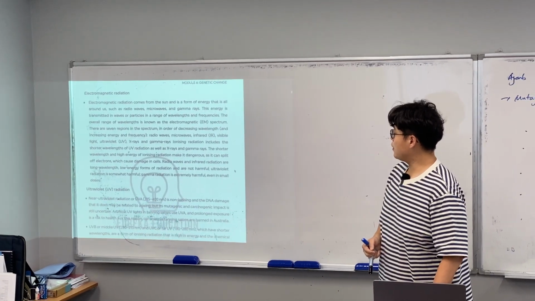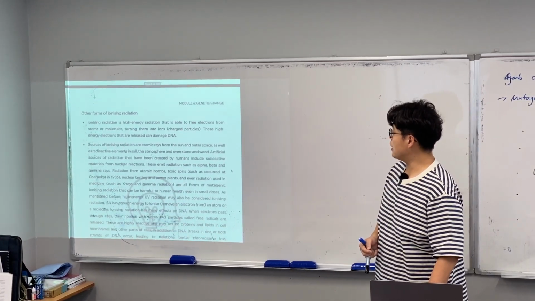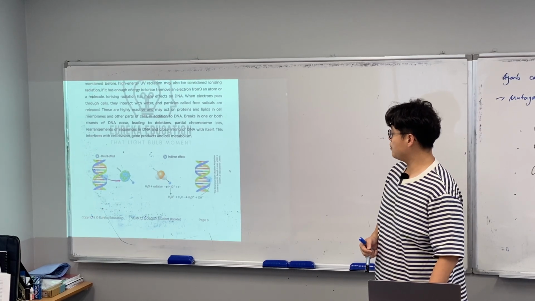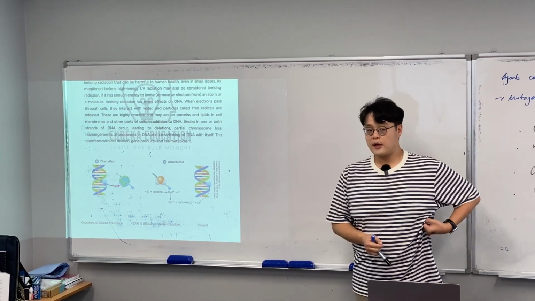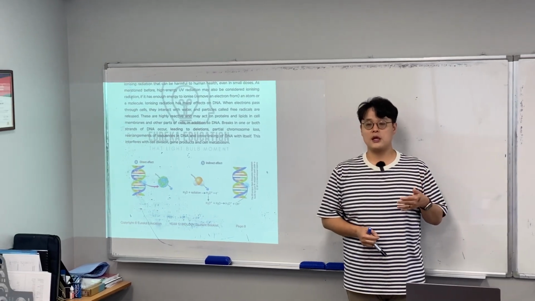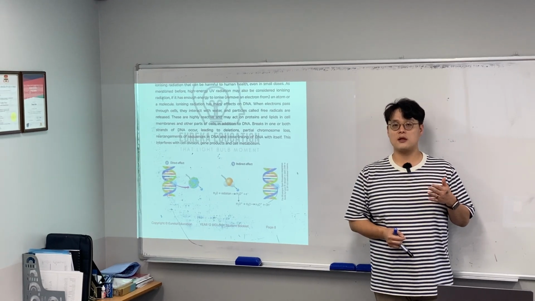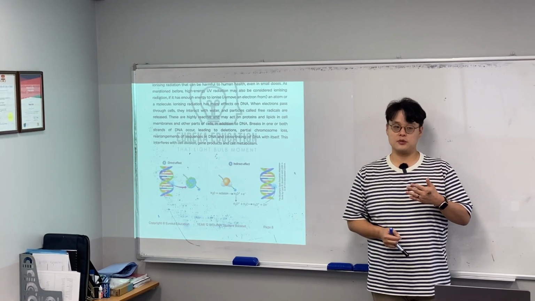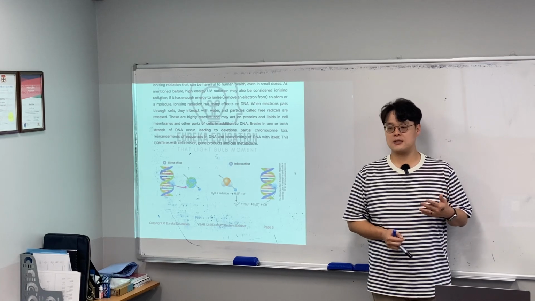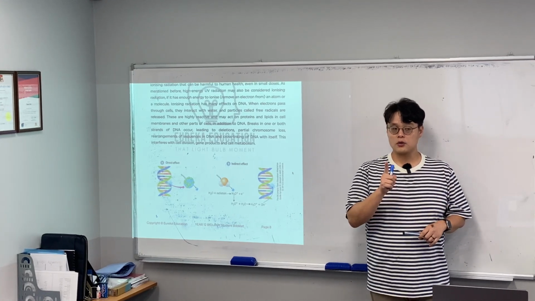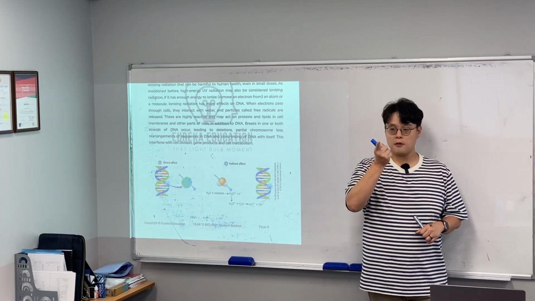All right, so electromagnetic radiation, UV radiation, and the other forms of ionizing radiation are basically what I talked about. So how do they actually cause damage? You can imagine UV light and those radiations as really sharp scalpels, sharp knives, or scissors. They can penetrate through.